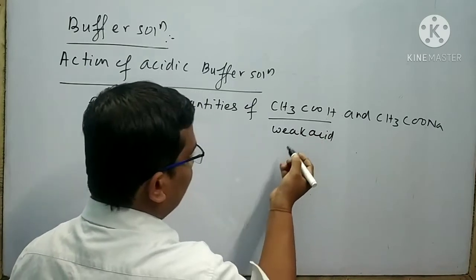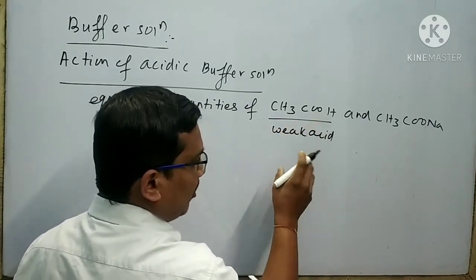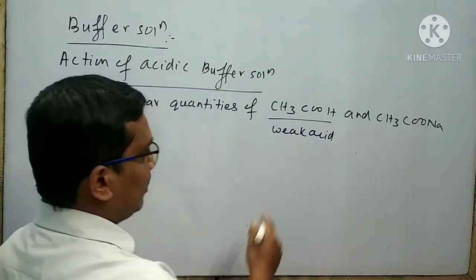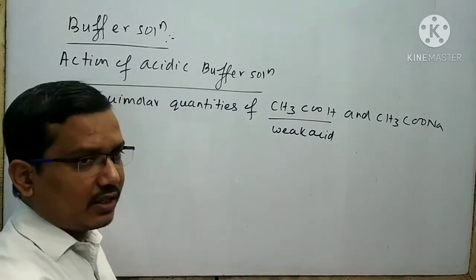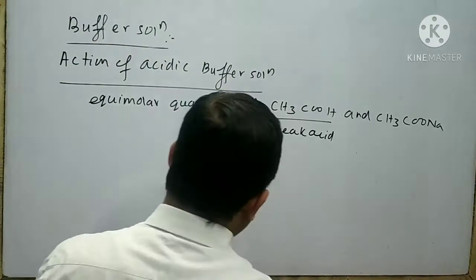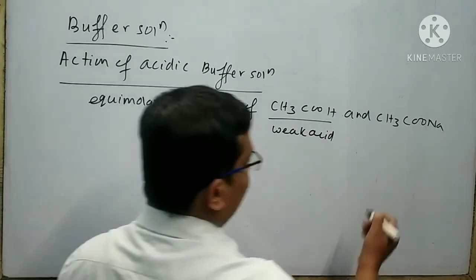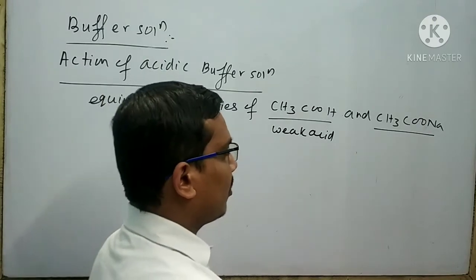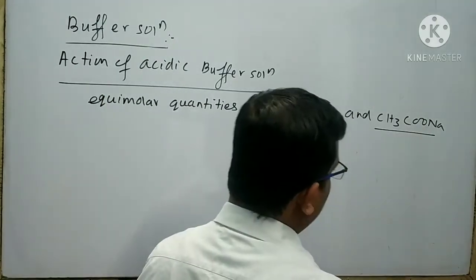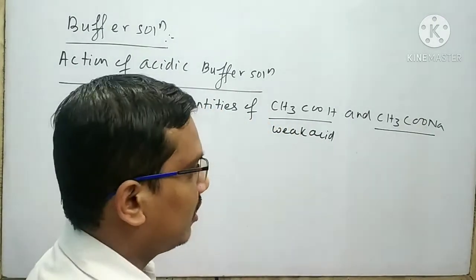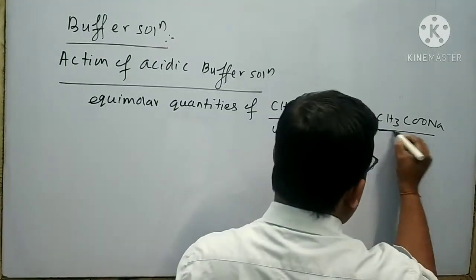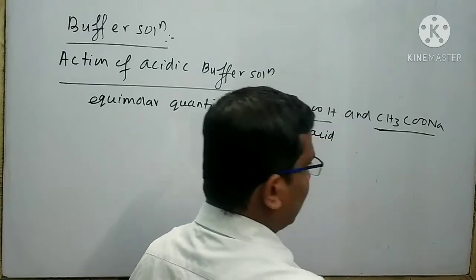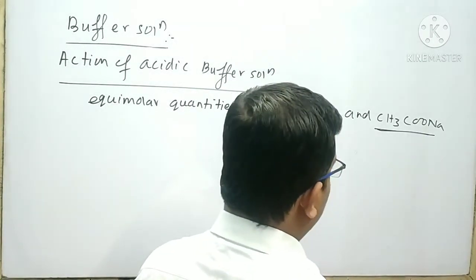That means some part of this acid undergoes dissociation and a small amount of this weak acid remains as unionized. But this salt undergoes complete dissociation and gives the ions. In this type of salt, the unionized part generally remains 0.